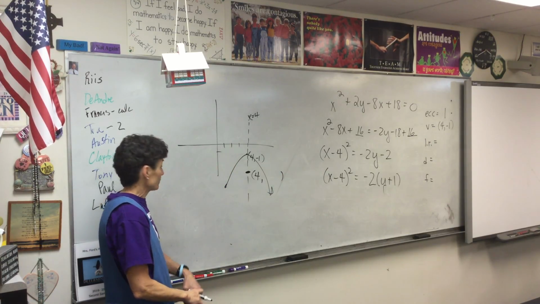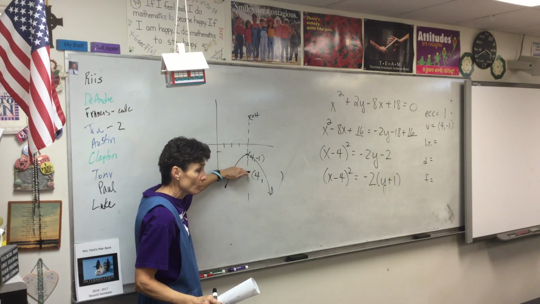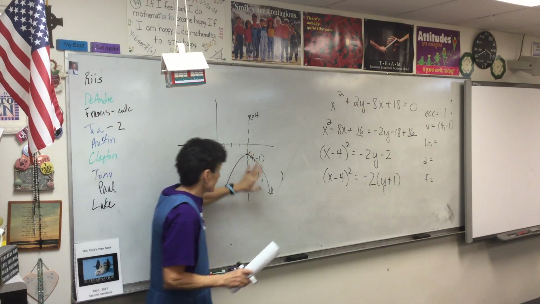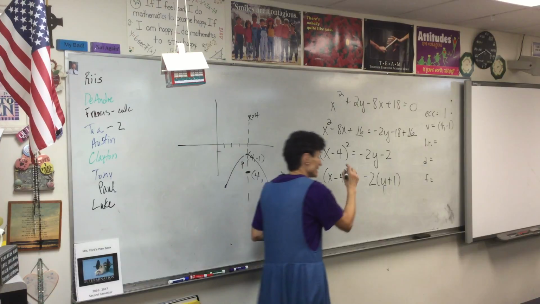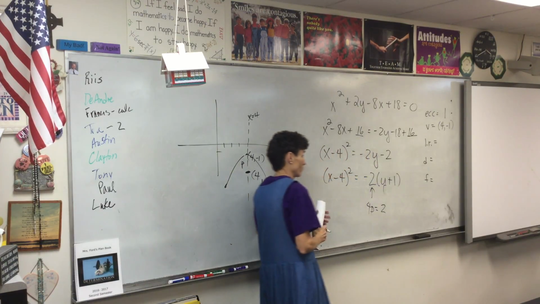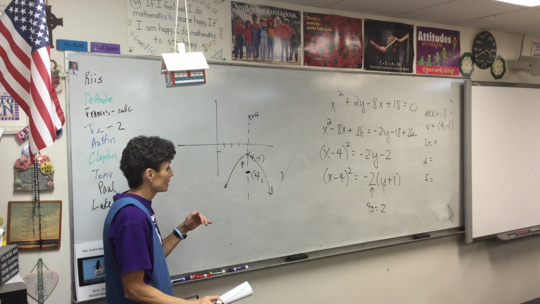Now to find out what that is, I need to know how far down I go. I need to know what that distance is. That's P. But in every equation, 4P is that number. Now you can take or leave the negative. The negative tells me I'm going down.